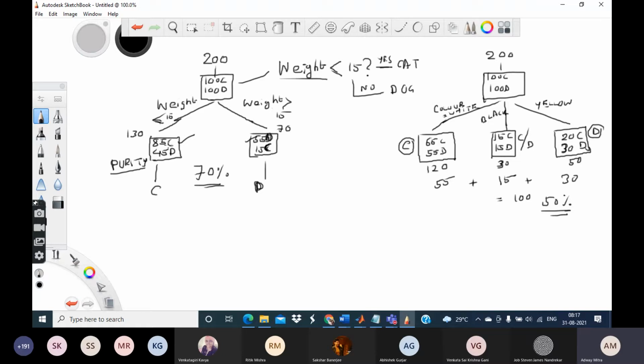If the proportion of one particular label in that data set is high, then we say that the data set is more pure, more homogeneous. And a homogeneous thing, of course, is easier to classify as opposed to a heterogeneous thing. So this kind of subset has high purity or is homogeneous. On the other hand, these have low purity or are heterogeneous and are hence difficult to classify.